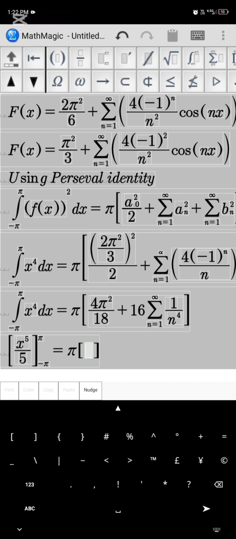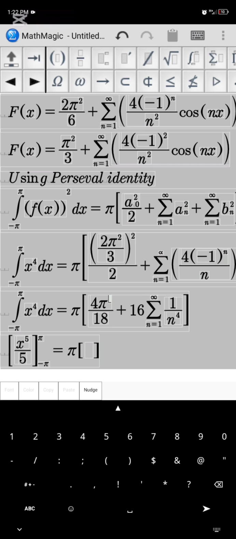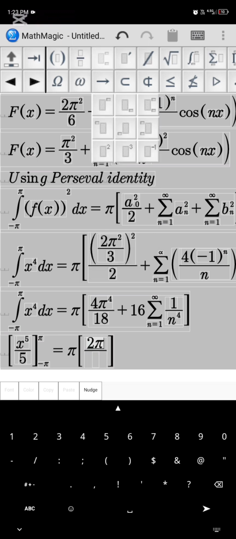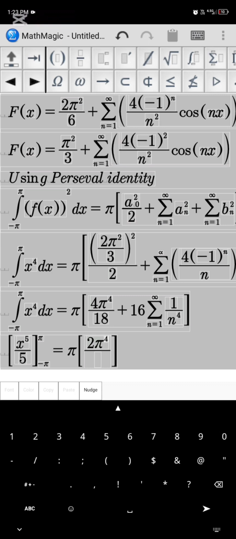Oh, sorry, it's 2 pi raised to the power of 4. That was a mistake. So we're going to have 2 pi raised to the power of 4 over 9. So that's what you're going to get here.